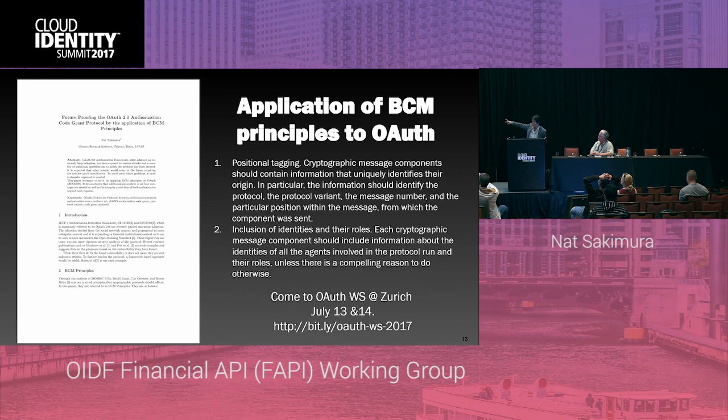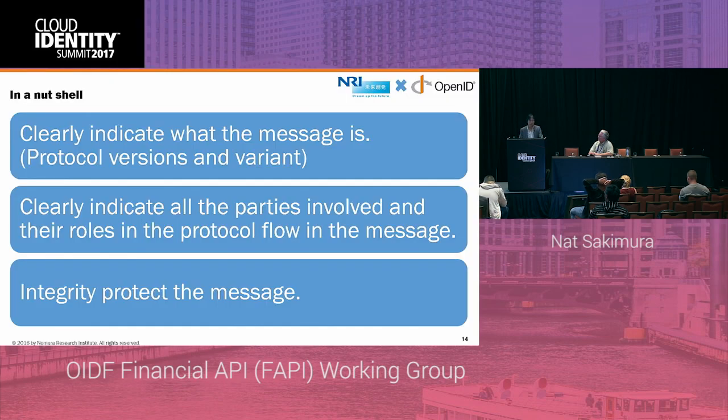It's kind of hard to parse, but it's there. I'm going to talk about those at the OAuth workshop in Zurich, coming up on July 13th and 14th. You can go to bit.ly/OAuth-WS-2017 for more detail on the workshop.